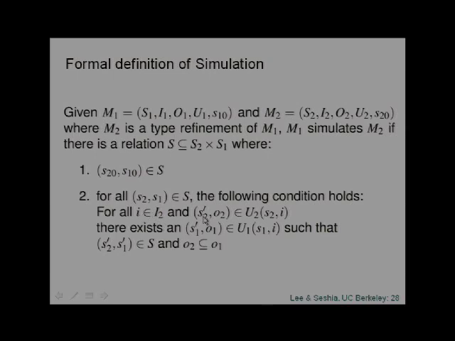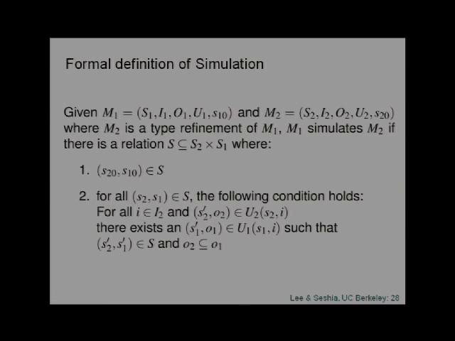We're saying S2 comma S1 belongs to the simulation relation if and only if, for this picture, S2 prime, S1 prime also belong to the simulation relation, and the outputs that are generated here are going to be a superset of the outputs you get in the top picture.